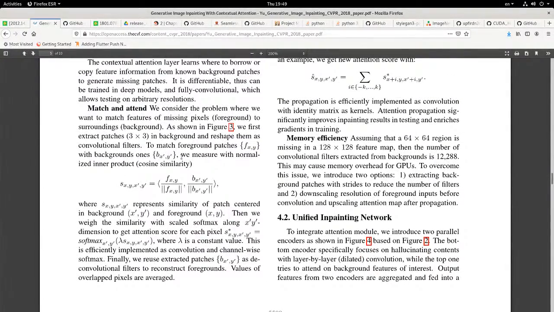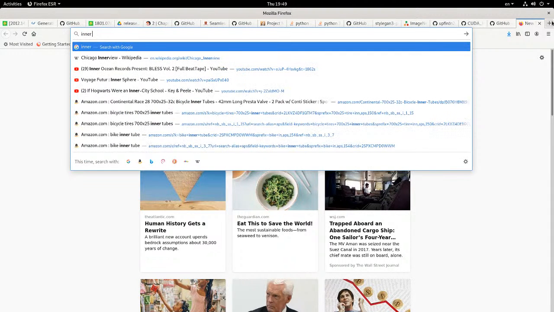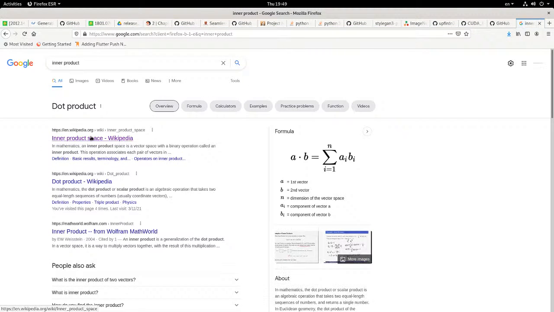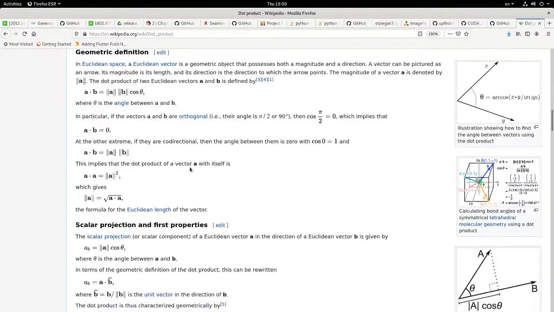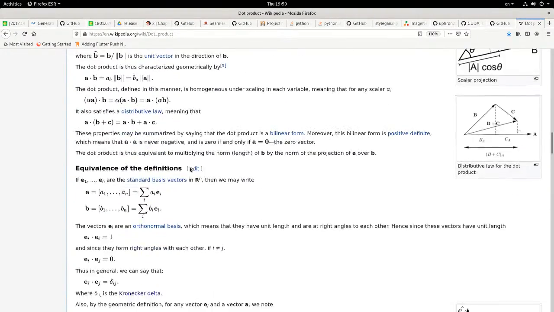I'm so confused. We measure with normalized inner product, cosine similarity. Normalized inner product, or just the inner product. I forget what this is. Wait, is it literally the dot product? What is that notation? Is that just dot product? I know it's also called the inner product. Is that an actual notation?